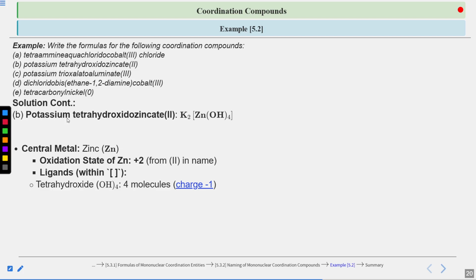Potassium is a cation, and we have remembered the rule that the cation name is first while writing the formula. So potassium represents the cation, so it is not a ligand. The hydroxido with the prefix tetra indicates the number of hydroxide ions present as ligands, so 4 hydroxide ions are present, each carrying negative charge.